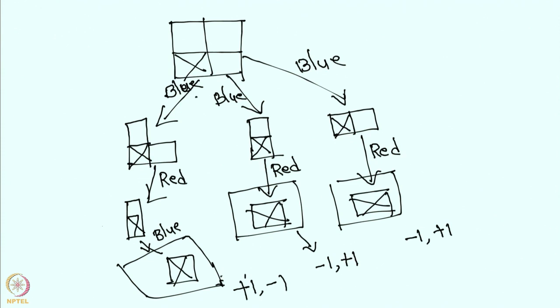The blue has taken this one, and red has taken one of these, and blue is the last person to take a move, and then red is forced to take the poisonous chocolate, and hence blue is the winner. Remember, we are looking at a normal play here. So these are the terminal nodes.